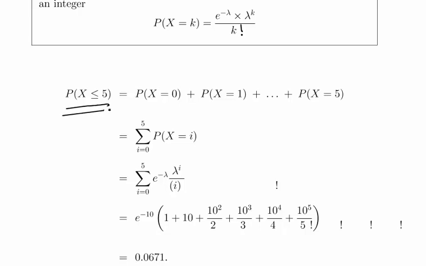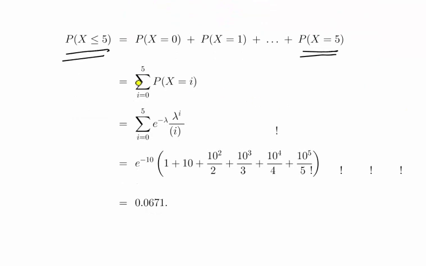Probability of x less than or equal to 5 equals the probability of x equals 0, plus the probability of x equal to 1, 2, 3, all the way up to the probability of x equal to 5. We'll work out this calculation for each of the 6 numbers. Again, the factorial sign's gone a little bit funny there. I don't know why that's happening, but just bear with me.